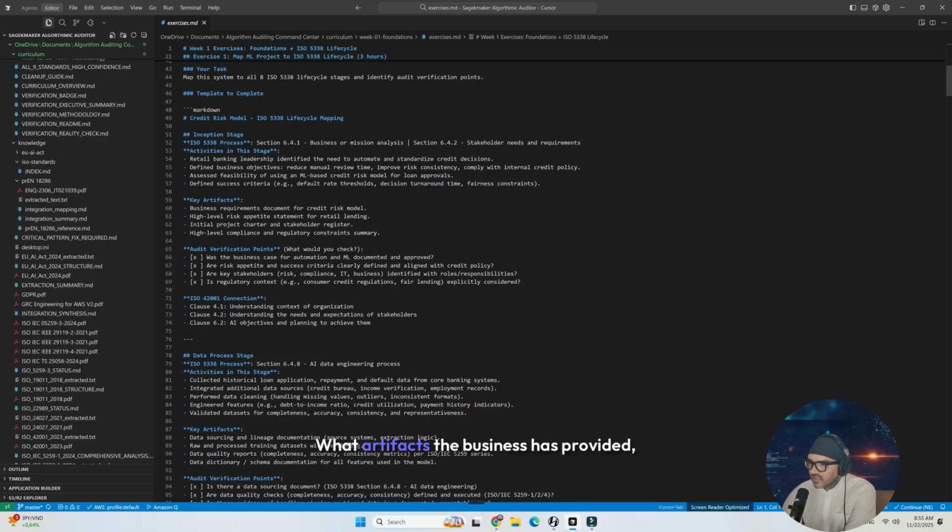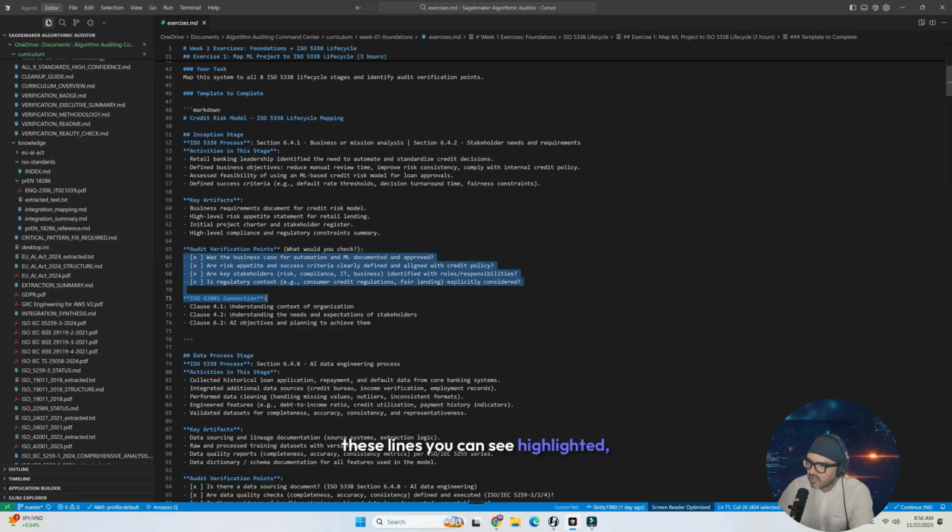It shows what artifacts the business has provided, and then it asked me to check off what I can see as evident from the artifacts. Now, I wasn't sure exactly what to do at first. For example, these lines you can see highlighted, I was like, is this a test for me? Is there a right or wrong answer as such?